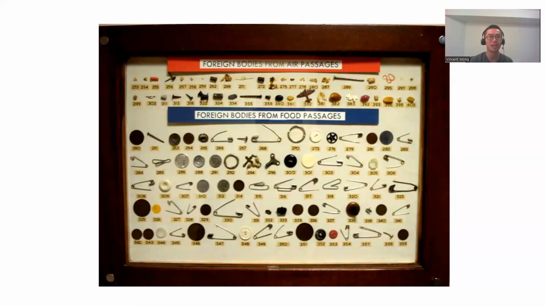I don't know if it's to scare the parents or scare the kids or what, but every time I walk by, I find it quite interesting, and I took a picture of it. These are the things that they took out of kids over the years, right? From the airway and from the food passageway, and it's kind of crazy, right? The kind of things that kids put in their mouth and nose.